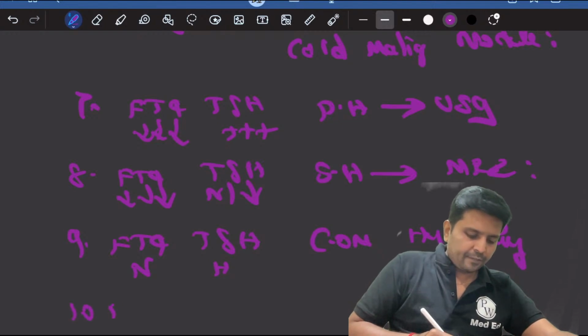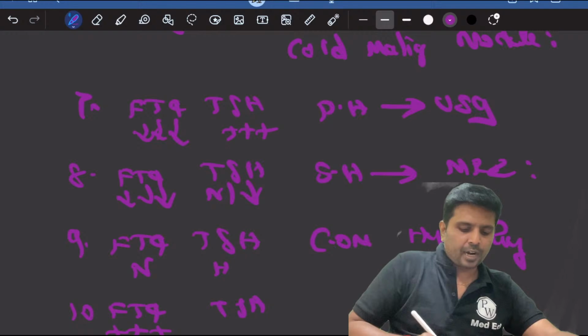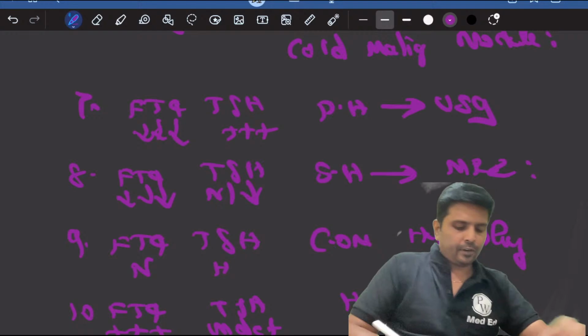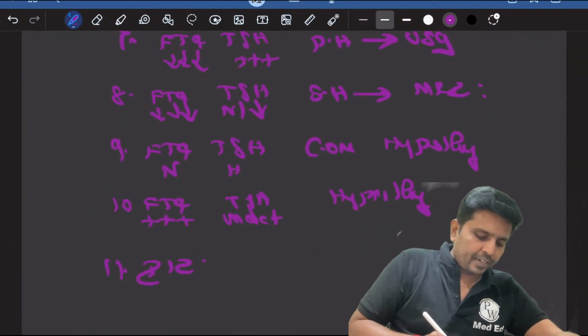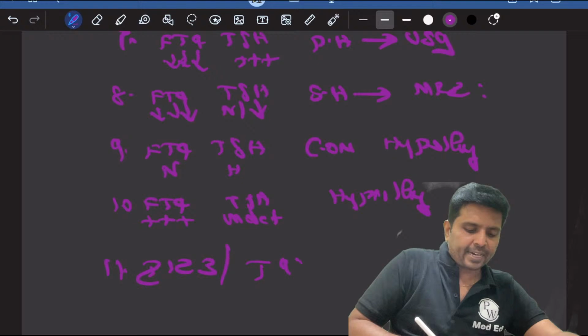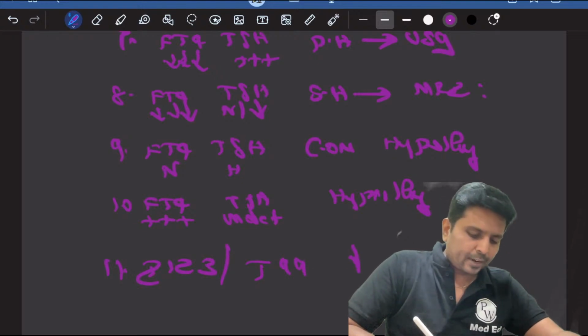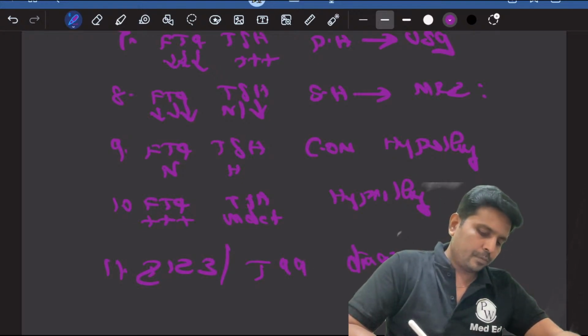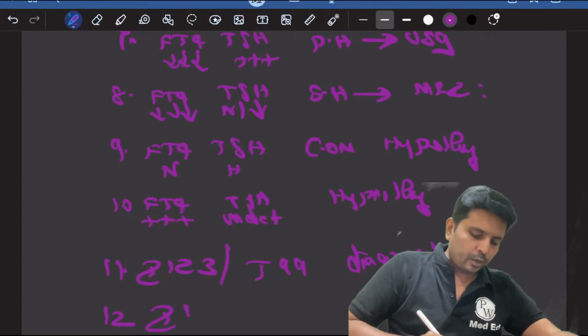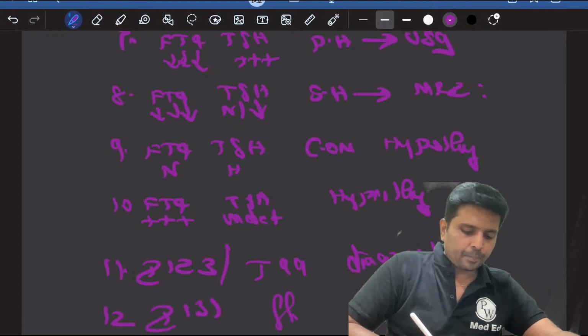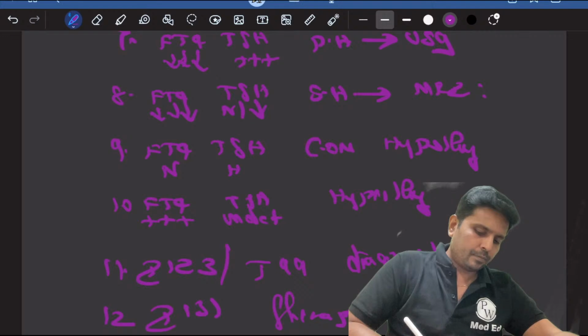And finally, free T4 is very high and TSH undetectable, hyperthyroidism. Ten. Eleven. Iodine 123 and technetium 99 for diagnostic purpose, whereas iodine 131 is for therapeutic purpose.